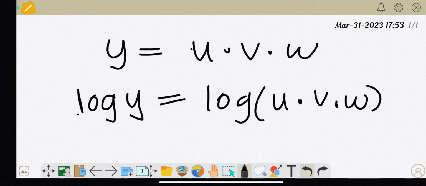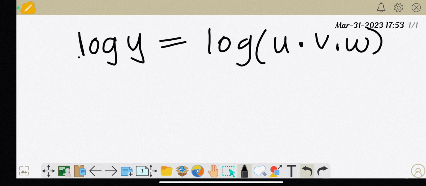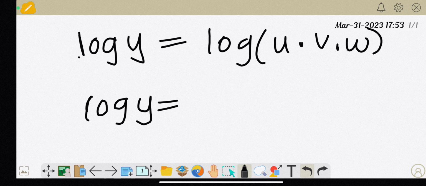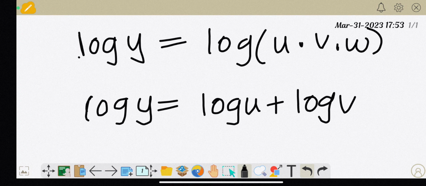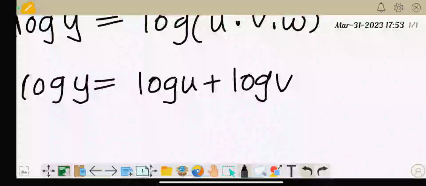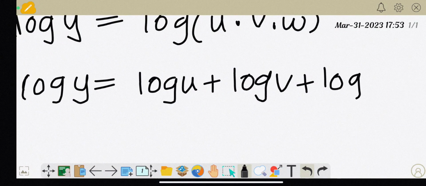Correct. So the product you can write as a sum of logs. So log y is equal to log u plus log v plus log w. Correct. Then differentiate on both sides.